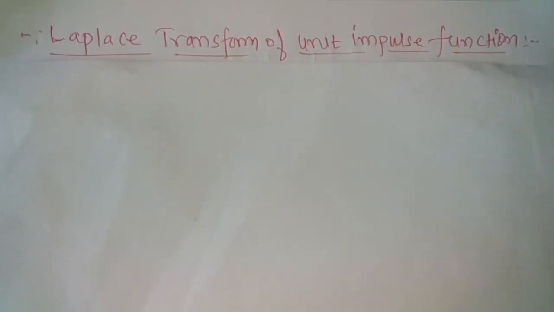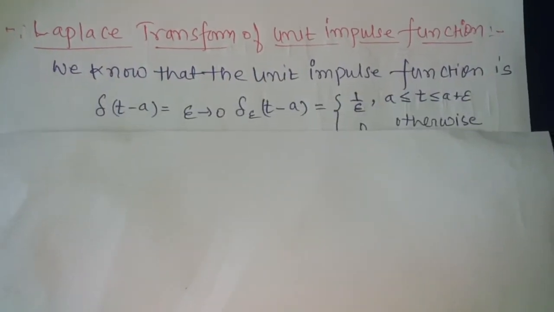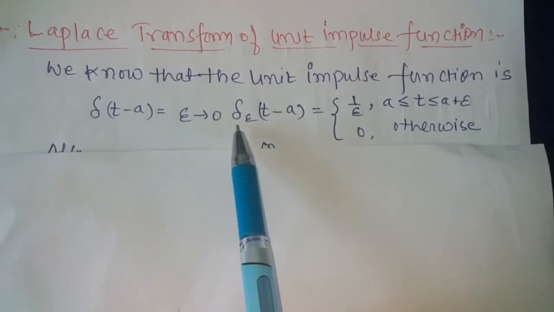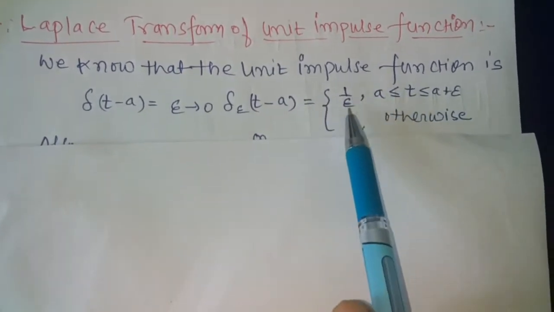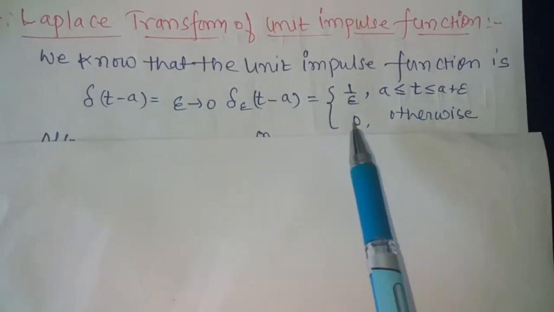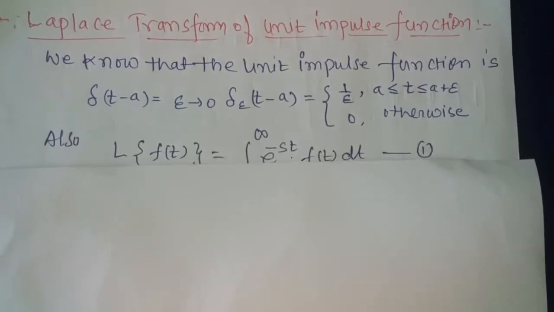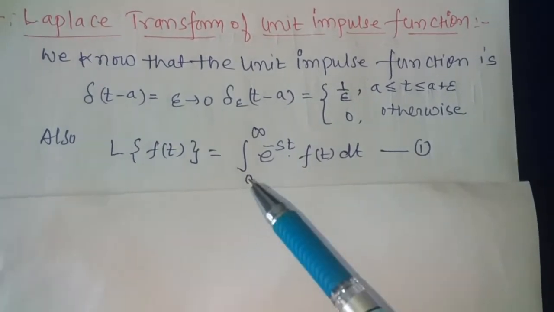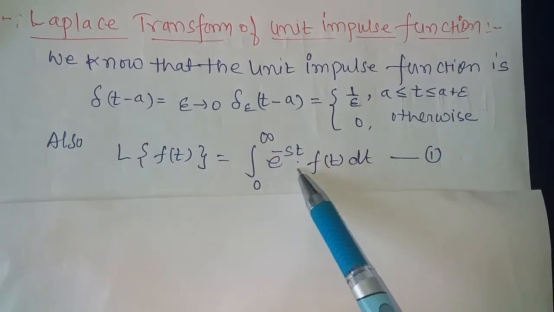To find the Laplace transform of the unit impulse function, we know that the unit impulse function delta is the limiting case of the delta epsilon function, which is defined as 1 upon epsilon when t is lying between a to a plus epsilon and 0 otherwise. Further, we know that the Laplace transform of any function f(t) is the definite integral from 0 to infinity of e raised to minus st into f(t) dt.